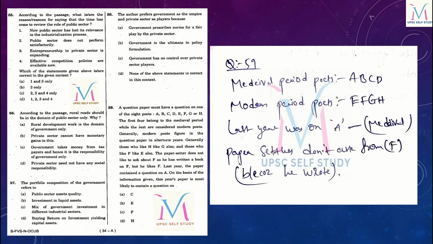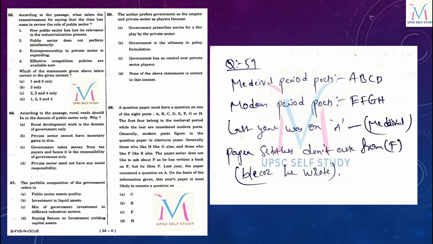The paper setter does not like to ask about F, as he has written a book on F, but he likes F. Last year, the question paper contained a question on A. On the basis of the information given, this year's paper is most likely to contain a question on what?